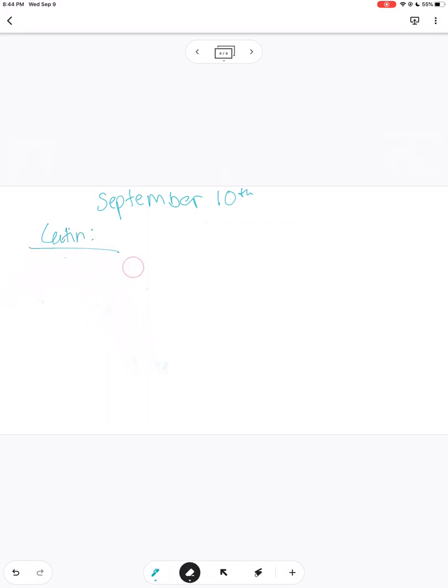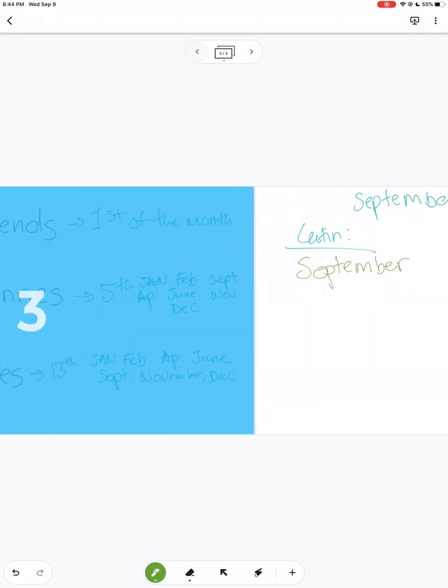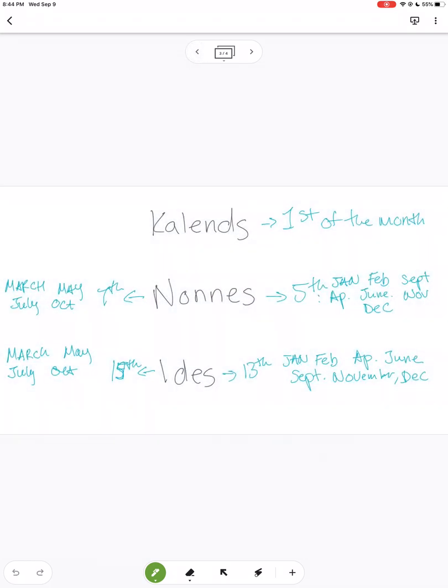Let's make this a different color just so we can differentiate. So in Latin, it would be again September. We get that. Now, we have to figure out what major day is coming up. So, Calends the 1st, either the Nones, so we're in September.